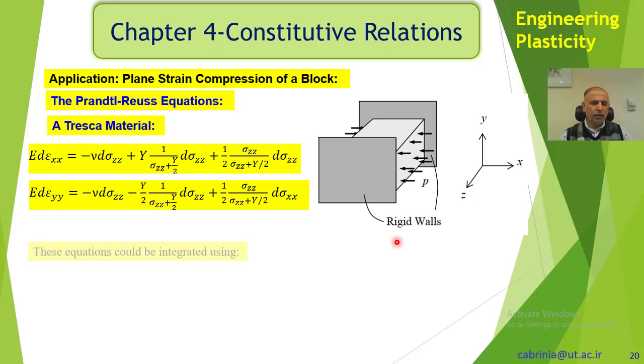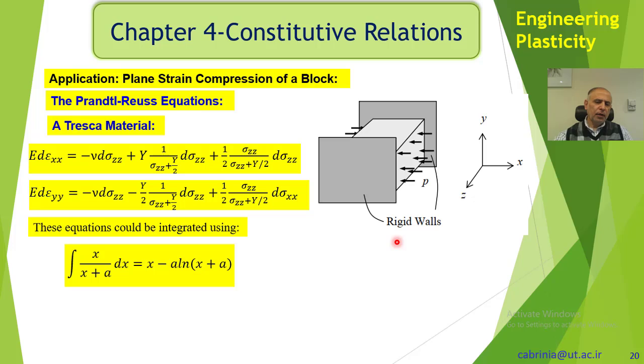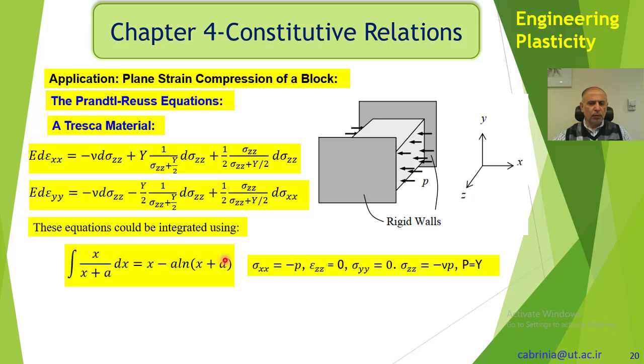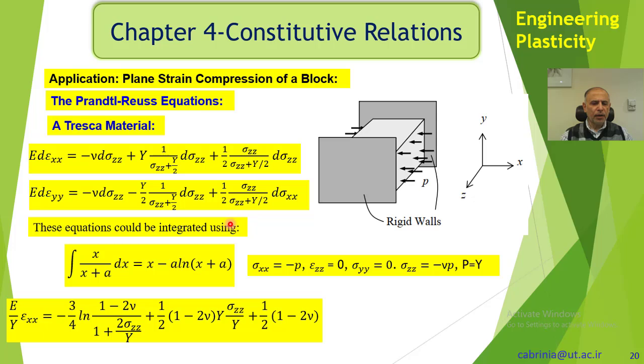Okay, we can integrate these equations using this integration law, and also the boundary conditions are this sigma xx minus P. Of course, we don't need that. We don't need this, sigma yy is 0. We don't need this. Only this one, P is equal to Y, and sigma zz is equal to minus mu P. So we can solve these integrations like that.